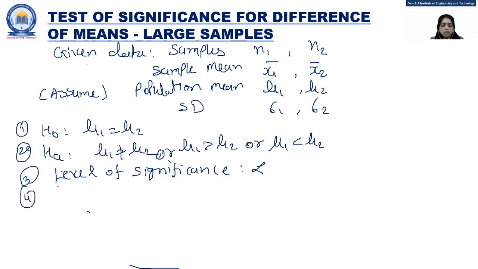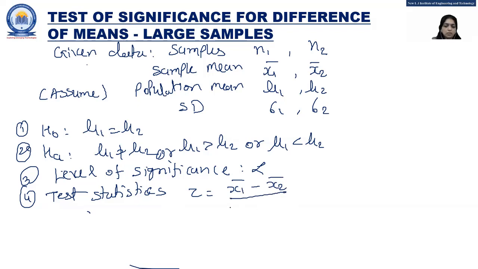Fourth, you have to apply the formula, that is the test statistic Z equal to x1 bar minus x2 bar upon square root of, see here, either you are given the population standard deviation or the sample standard deviation.